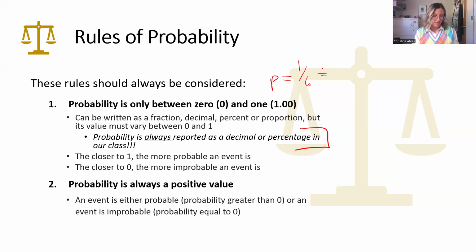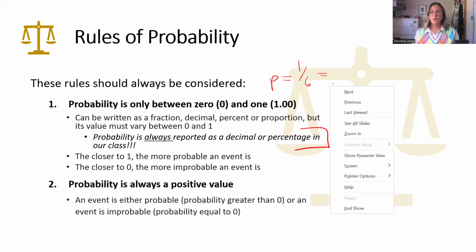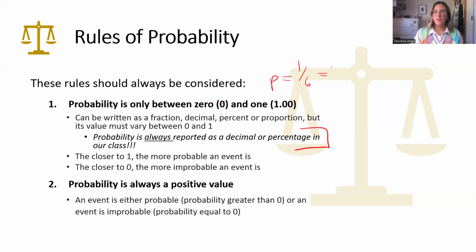So 1 divided by 6, you want to make sure your calculator is set to where it's providing you decimal responses and not fractional responses, because there are different settings. I am going to report this as 0.17. That is a decimal.